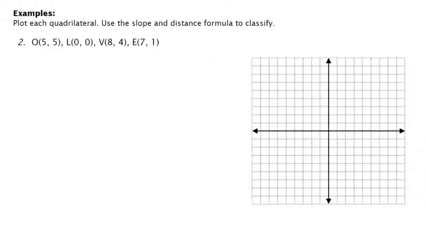The next example is done the same way. We're going to first plot our different points. We have our point 5, 5, and that's point O. We have our point 0, 0, which we're going to call L. We have our point 8, 4, and then our point 7, 1.